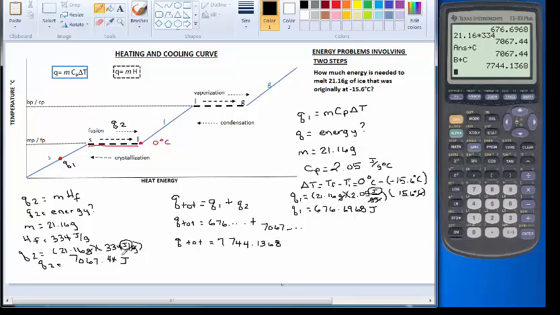And since our Q2 was in joules and our Q1 was in joules, our unit here will also be in joules. In our original problem, we had 4 sig figs associated with our mass, and we had 3 sig figs associated with our temperature. So our final answer should have 3 sig figs. So our final answer is 7,740 joules.